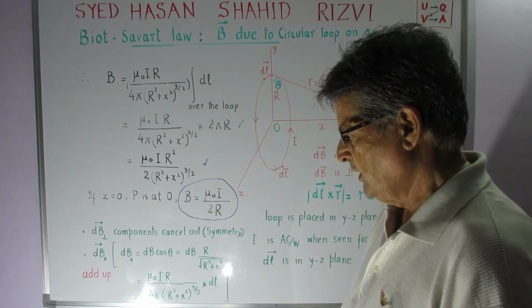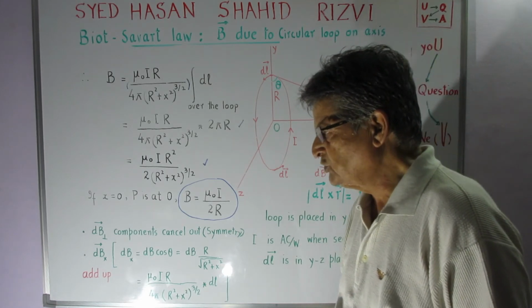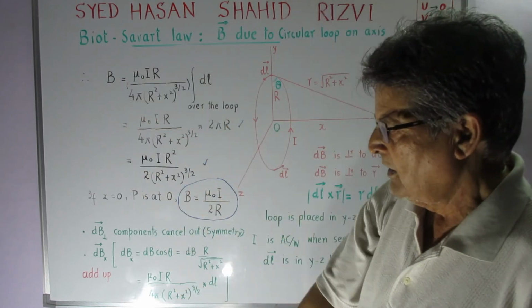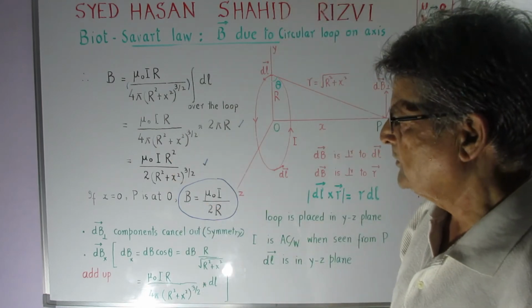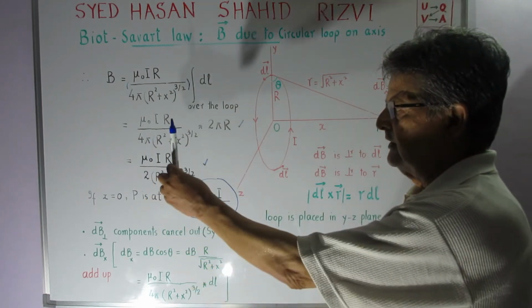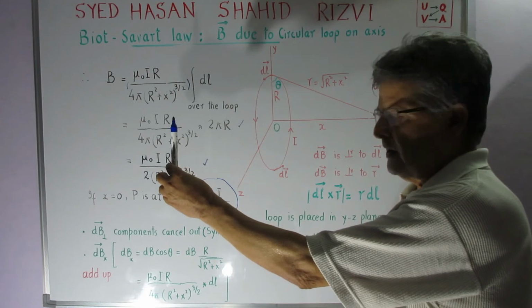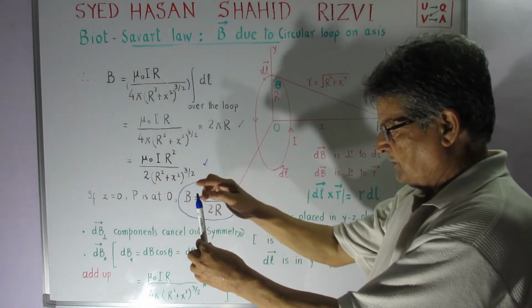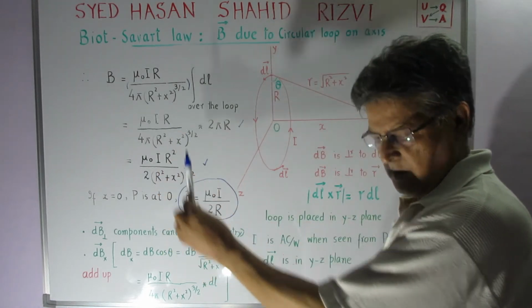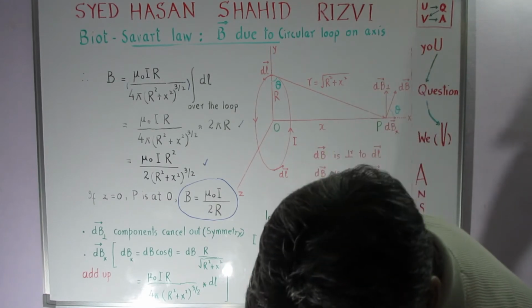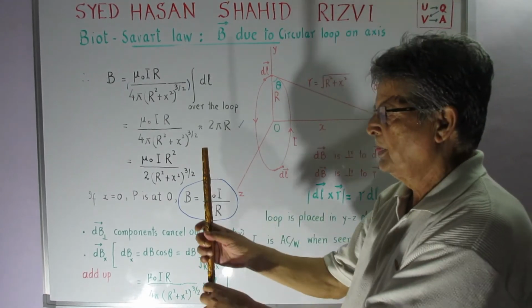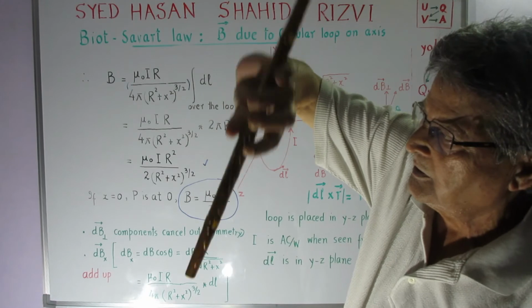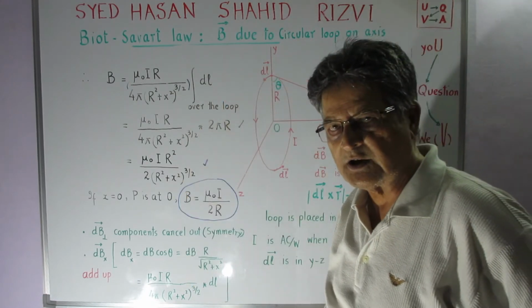Now I don't have the means to show you a circular path, but I'll just take a part of this circular path. This is the part of the circular path in which the current is passing.